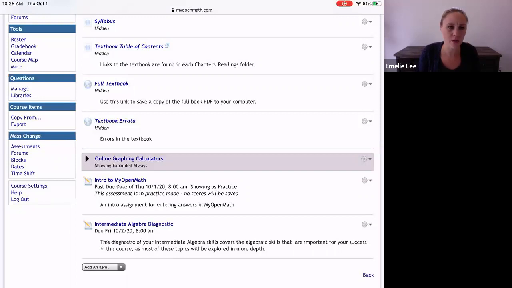I'll adjust these so that they're both due Friday at midnight. Sorry if you've done these, but the intro to my open math was due yesterday at 8 a.m. I don't know why I picked 8 a.m. I could have sworn I usually make things due at midnight or 11:59.